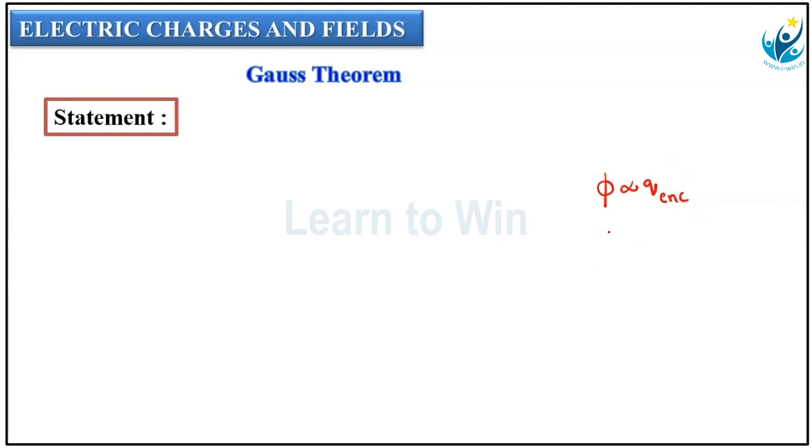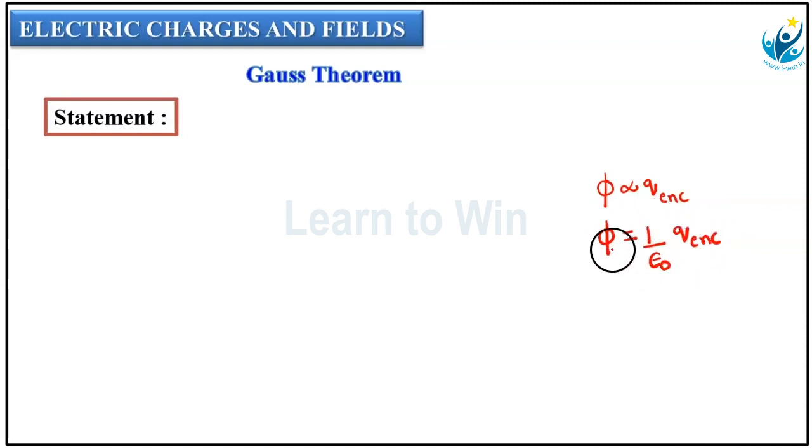Phi is directly proportional to Q enclosed. Removing this proportionality with a constant, that is 1 by epsilon naught, phi is equal to 1 by epsilon naught times Q enclosed. The total flux linked with a closed surface is equal to 1 by epsilon naught times the total charge enclosed in that surface.